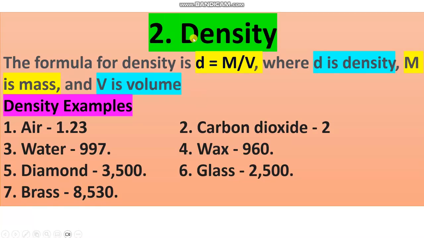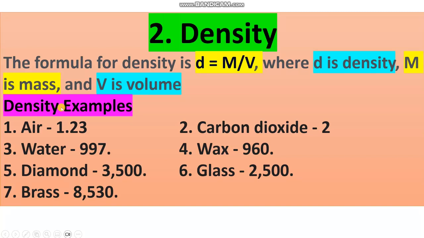The second expression is the density. The formula of density: D, density, equals mass of the object divided by the volume of the object, where D is the density, M is the mass, V is the volume.